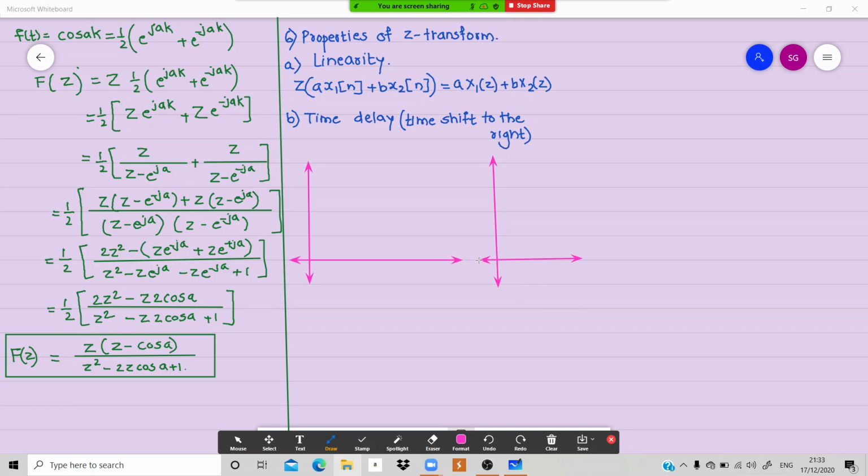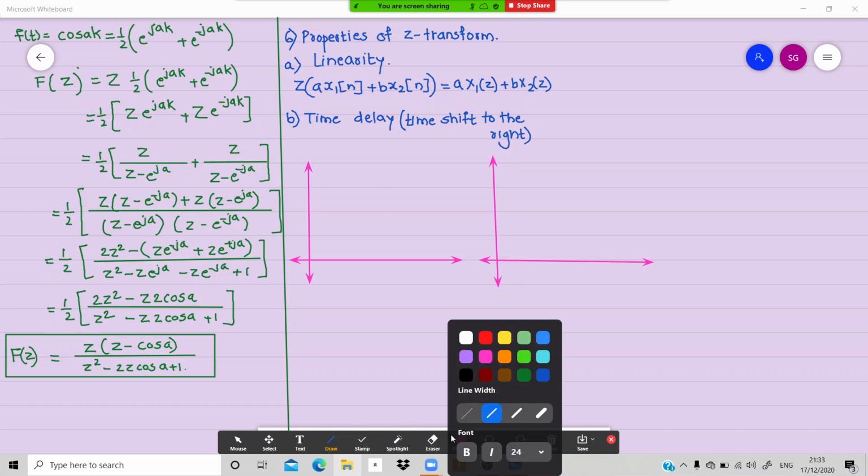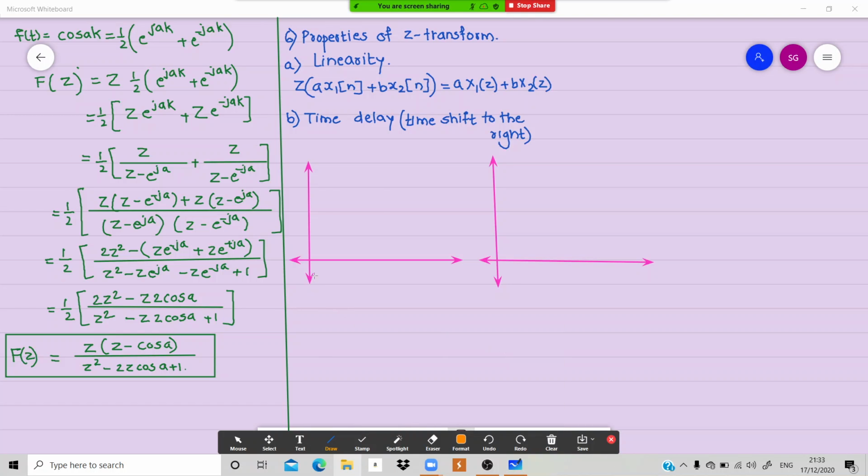So the shifted plot. So see, let us say this is your 0th instance. 3, 2, 1 and 4. Okay, so this is your signal.